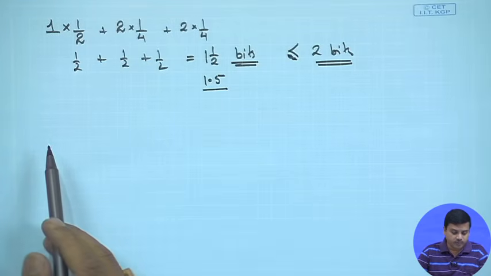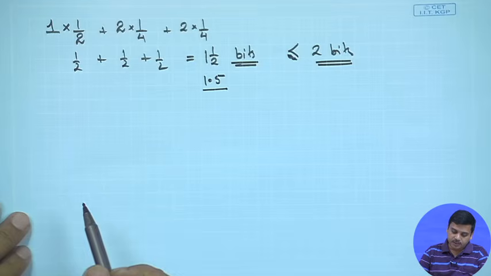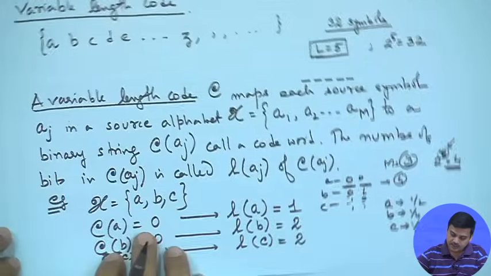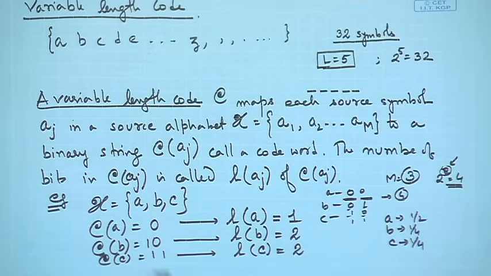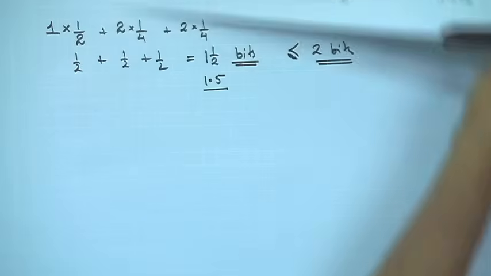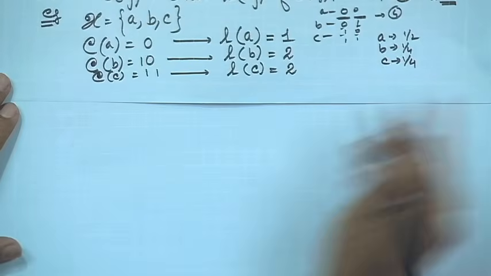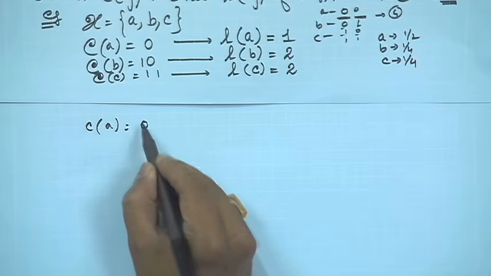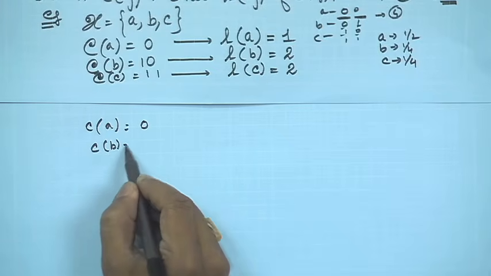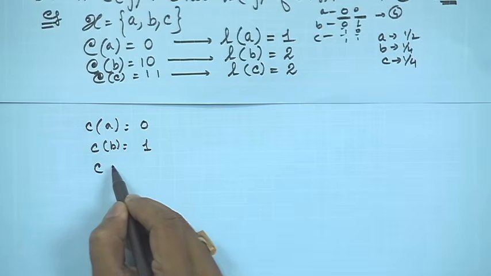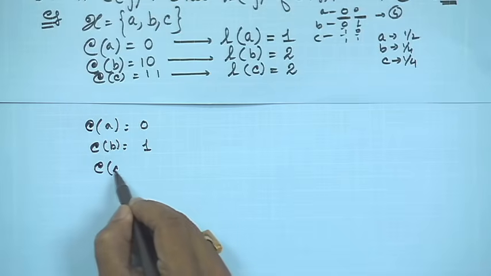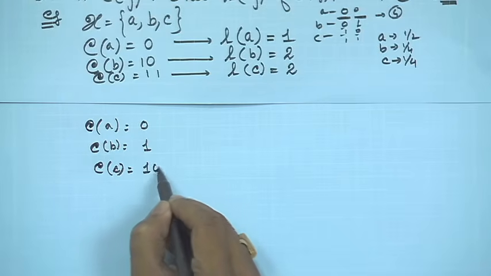Now, if we move ahead with this particular example, what we had chosen is a code in this form. Instead of this, suppose we would have chosen a code where C of A is equal to 0, C of B is equal to 1, and C of C is equal to 10.